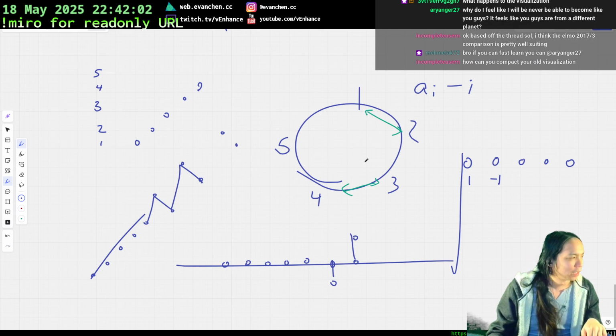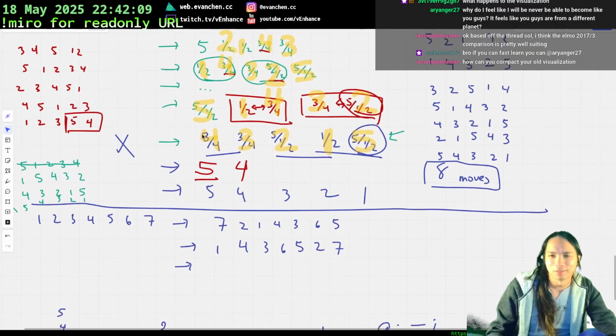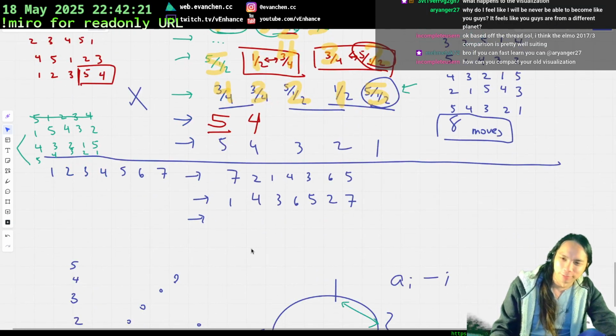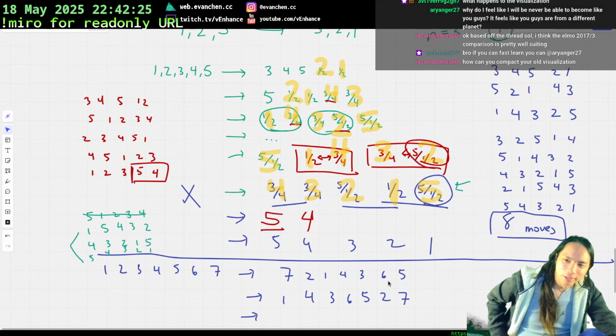How can you compact your old visualization? I don't think this was a visualization. For the record, whatever was above this blue line, I don't consider it visualization. I was trying to figure out what the answer was, and then got misled because I totally forgot K could be not on.